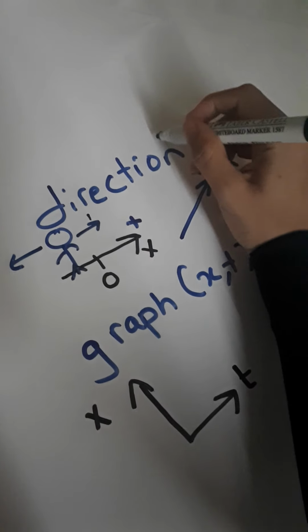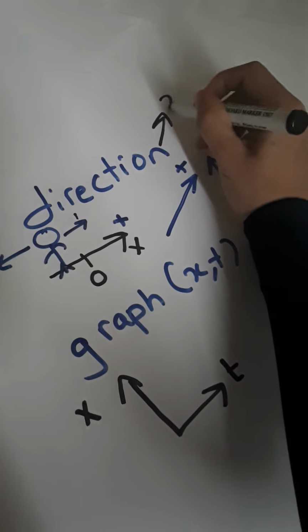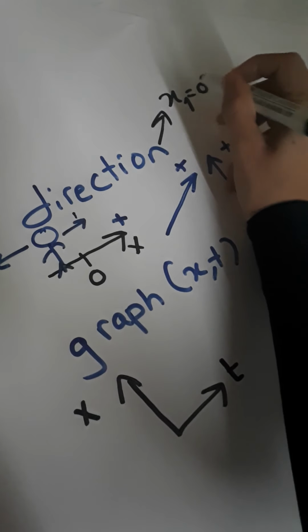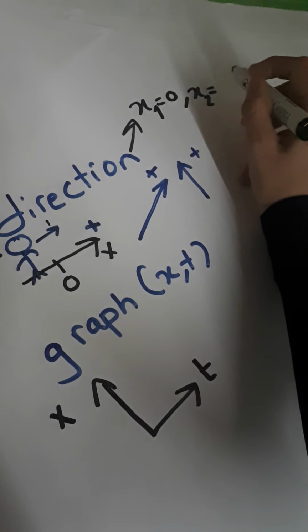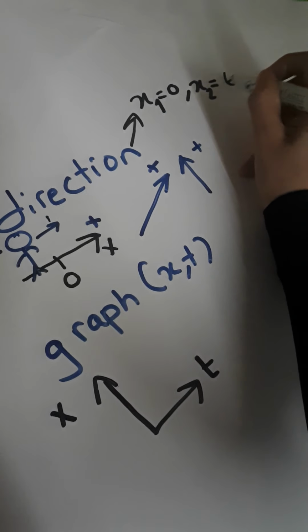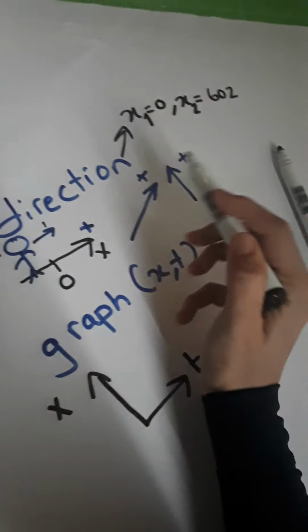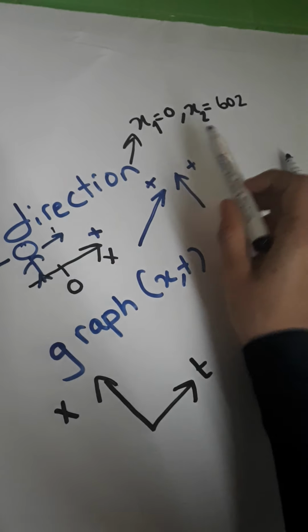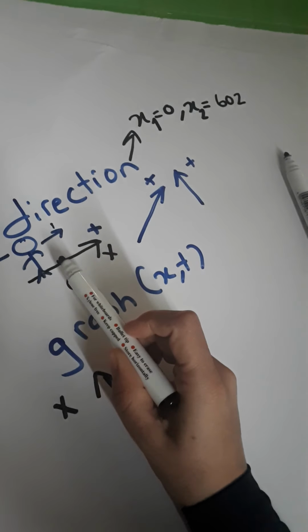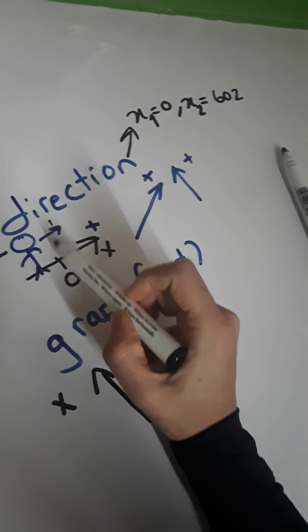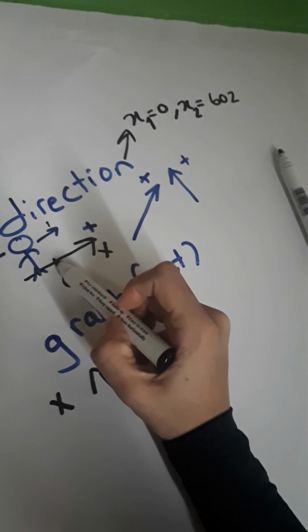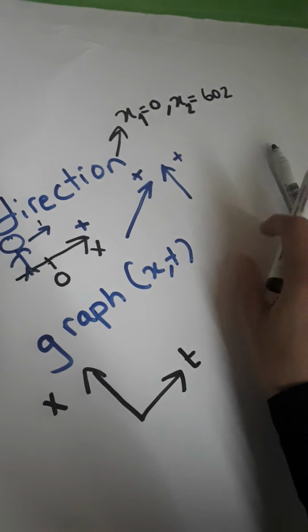Which is x1 was 0 and x2 at 1 minute, and here you were supposed to convert, it was 602. So if I want to translate this to this sketch, x1 or x0 at t equal to 0, yani the first position of the man was at the origin, so the man was here.